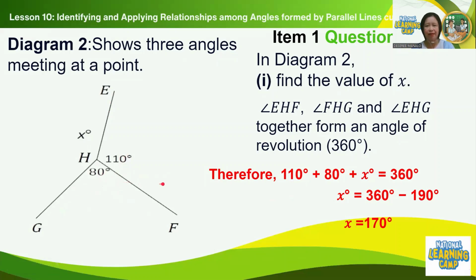You will add 110 and 80, which is 190 degrees, and then subtract it from 360 degrees. Therefore, our answer is 170 degrees. So the measure of angle EHG is 170 degrees.